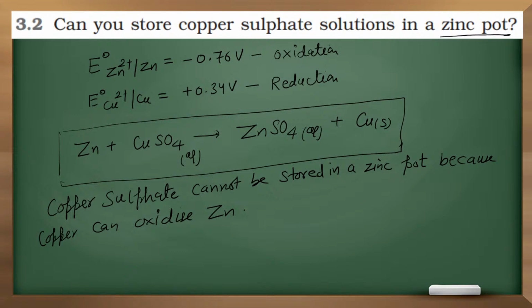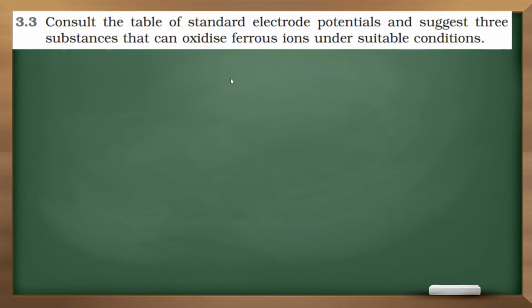Okay. Next question. This is related to the table of standard electrode potentials: suggest three substances that can oxidize ferrous ions, Fe2+ ions. You know what is the reduction potential of iron?